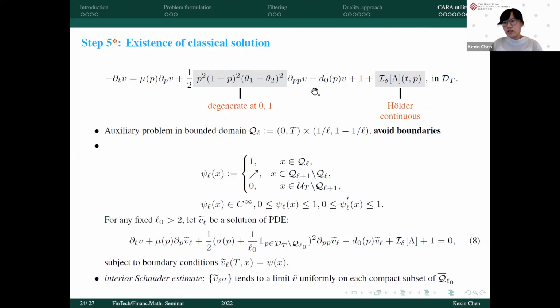Because it degenerates at the boundary, we first need to show the existence in a bounded domain that avoids the boundaries. Next, by considering a series of approximating functions and applying the interior Schauder estimate, we can show the existence of a smooth solution. By using this, we can finish the proof of the main theorem.